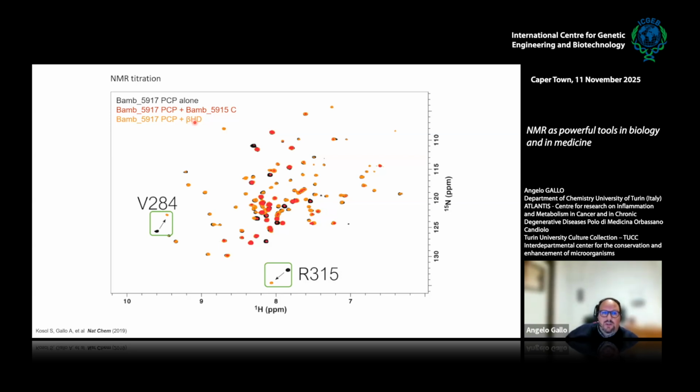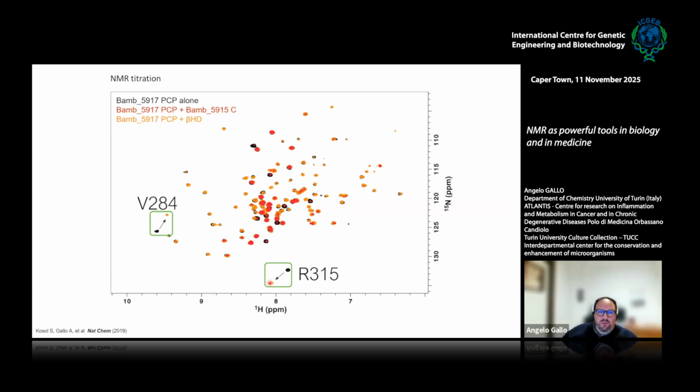You will see later on this beta-hairpin docking domain, because it's a key mechanism of interaction between these two proteins. So you can see the C-terminal region is the one strongly interacting. The chemical shift was very large in this case.